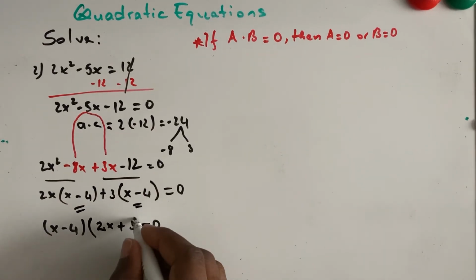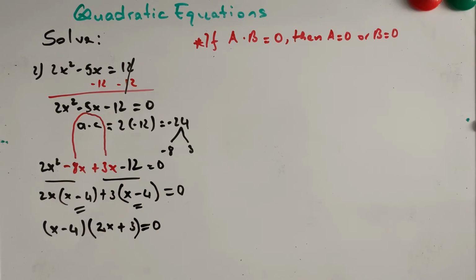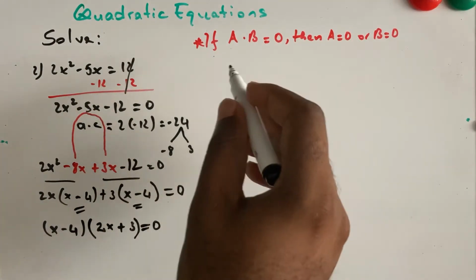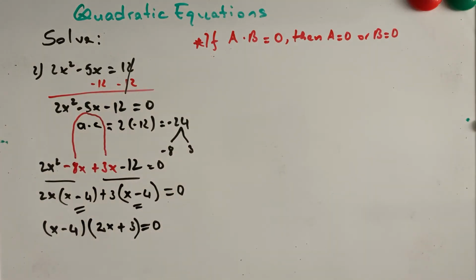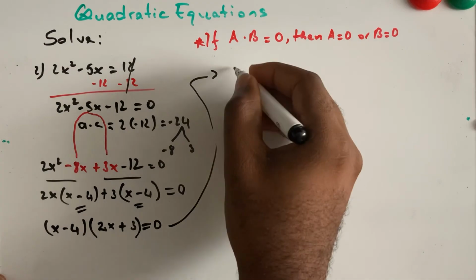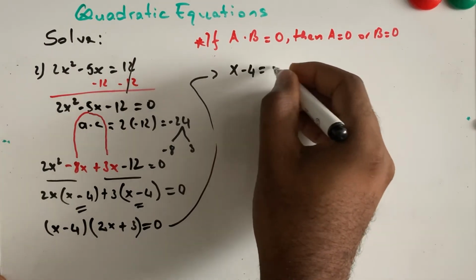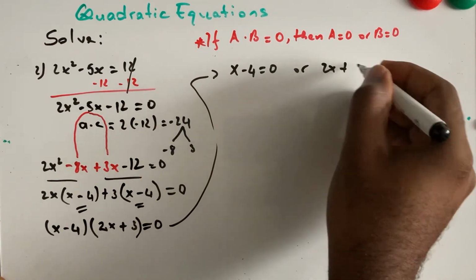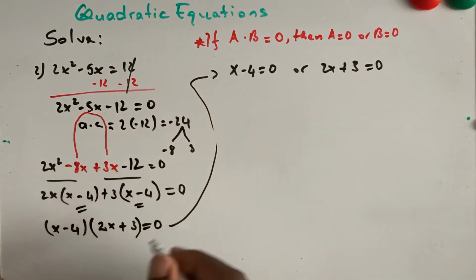All right. And from here, I use the rule right here. The product of two factors gives you 0. Therefore, one of them has to be 0. So it's either that x minus 4 is 0 or 2x plus 3 is 0. And you solve them.